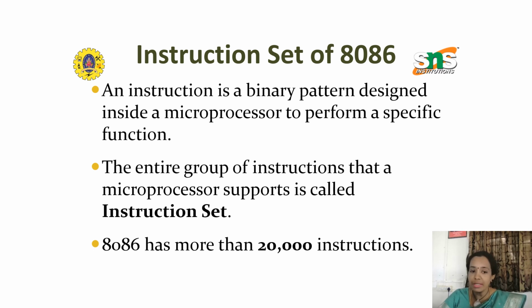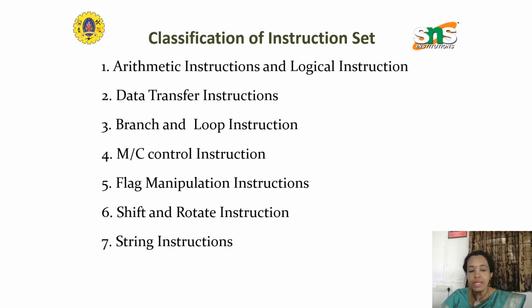The entire group of instructions that a microprocessor supports is called the instruction set. The 8086 microprocessor has around 20,000 instructions. We have several types of instruction sets with the 8086 microprocessor. The very first ones that we are going to learn in this class are the arithmetic and logical instructions.